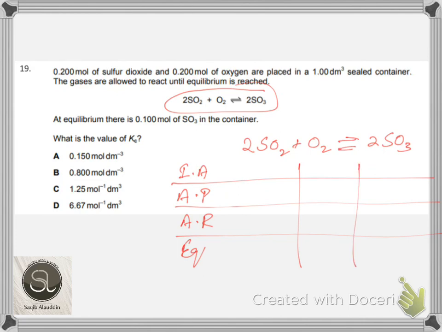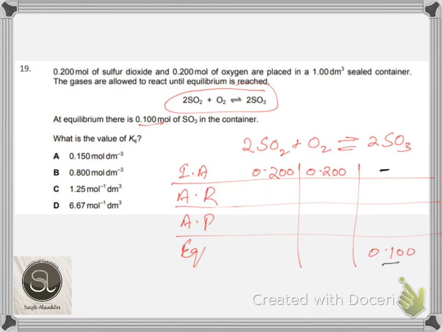Let's see. What is the initial amount of sulfur dioxide? It's 0.2. What is the initial amount of oxygen? Again, it's 0.2. And they say that you have 0.1 moles of sulfur trioxide at equilibrium. Let's hurry up and do this one. If there was nothing initially of SO3 and at equilibrium you have 0.1 moles, that means all the 0.1 mole is amount produced.